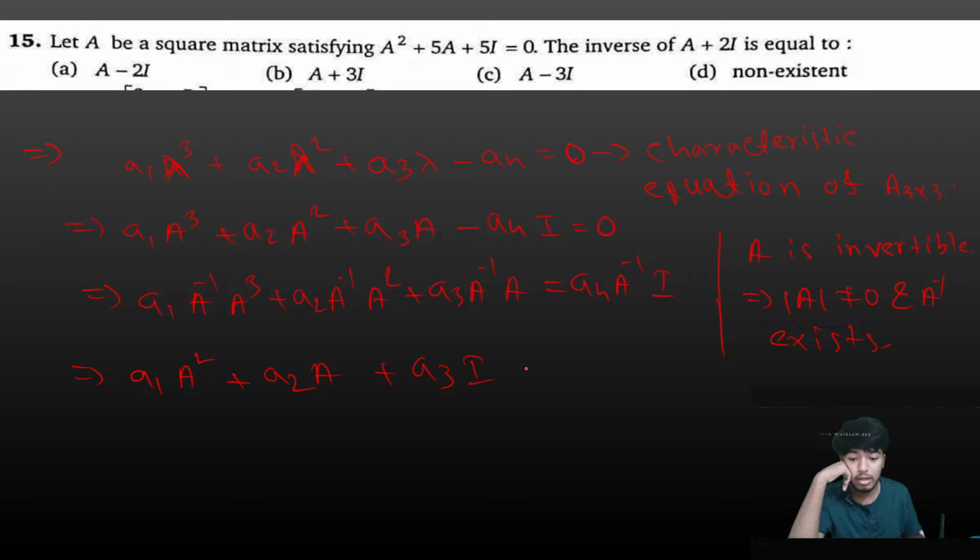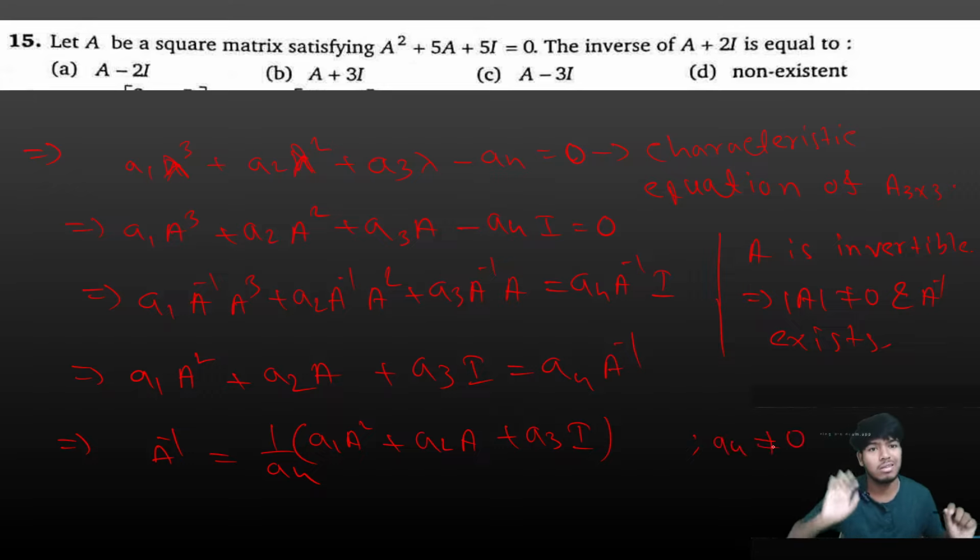So A inverse is 1 upon a4 times (a1 A square plus a2 A plus a3 identity), provided a4 is not equal to 0, otherwise A inverse does not exist. This way we find the inverse of a matrix using the characteristic equation.